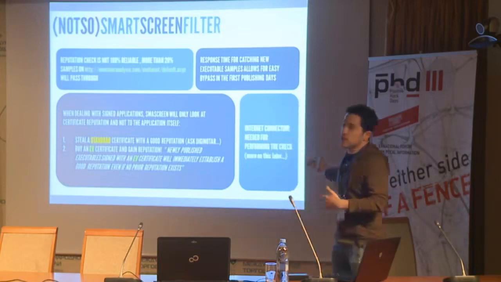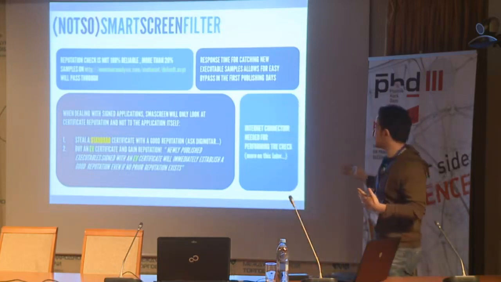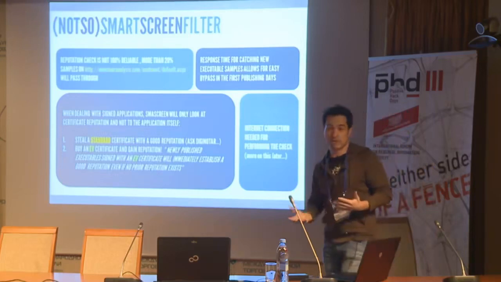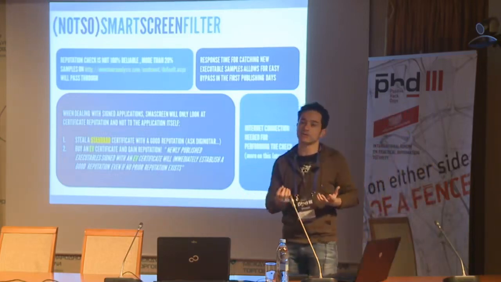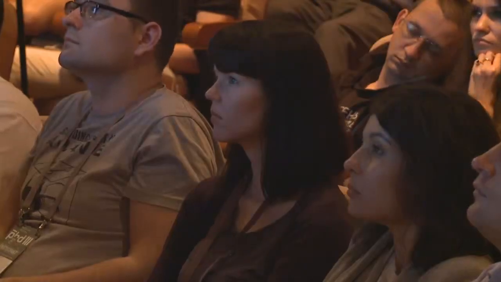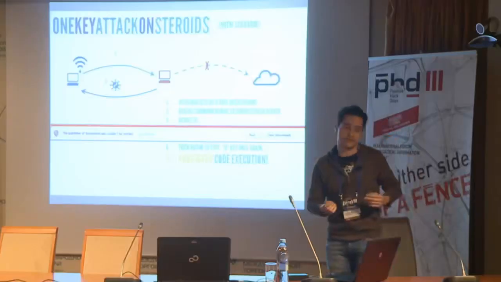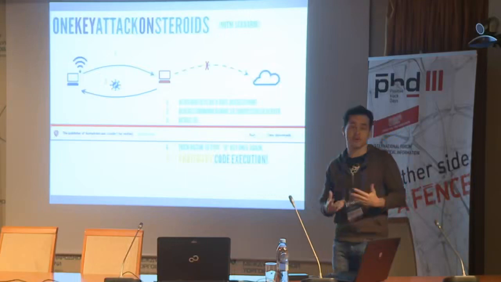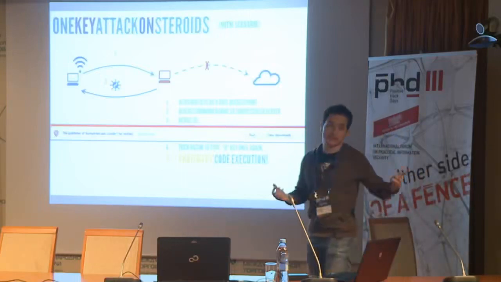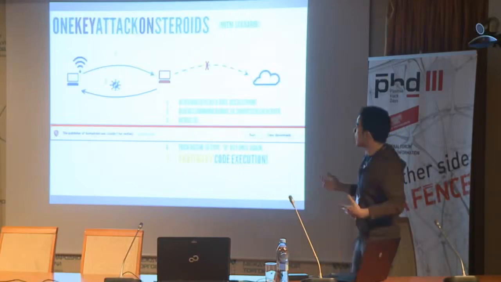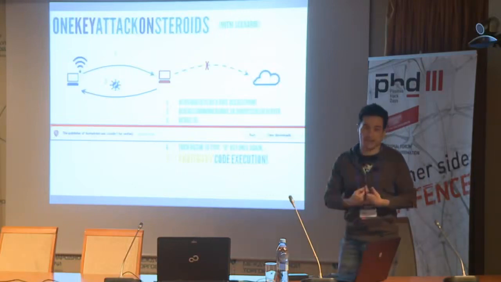The last way to bypass SmartScreen is, of course, controlling the internet connection. Being a client-server technology, if you control the connection, you control the result. So, in a man-in-the-middle scenario, you can trick your victim to connect to an access point controlled by yourself and use the attacks that I've demoed before in order to download some file.